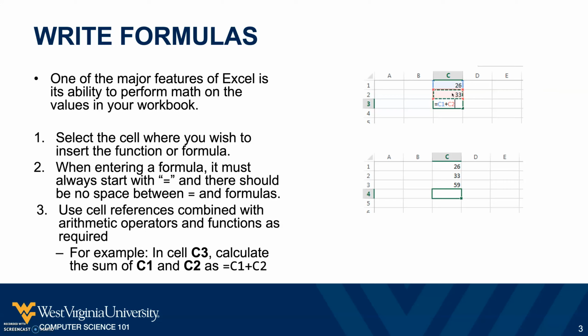If you just have a static formula for 26 plus 33, it's only good as long as those values stay static. Okay? Now, what those references, the C1 and C2 are called, they're just plain cell references. They're not absolute, and if you copy and move things around, they'll change with you. And that's part of the magic of Excel.